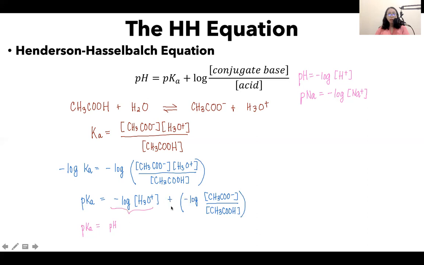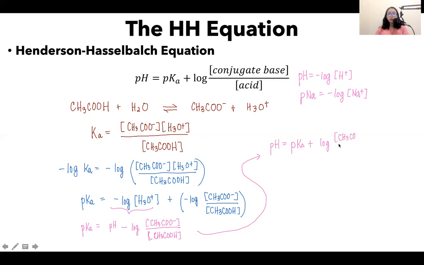So we now have pKa equals pH plus minus logarithm of this ratio over acetic acid. Now, let's just rearrange this equation. So we transpose this logarithmic term to the other side, and we have pH remaining on one side of the equation. So we have pH equals pKa plus logarithm of the ratio.